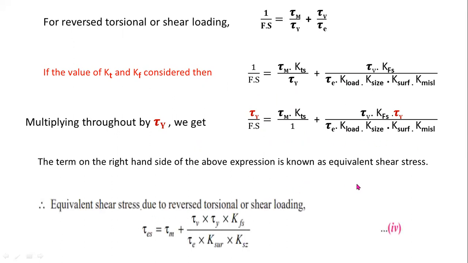So the equivalent shear stress due to reversed torsional or shear loading equals tau es. Tau y by Fs is called the maximum shear stress. Now KTS equals 1, so tau m plus tau v into KF plus tau y by tau e into K size, K miscellaneous, K load factors.